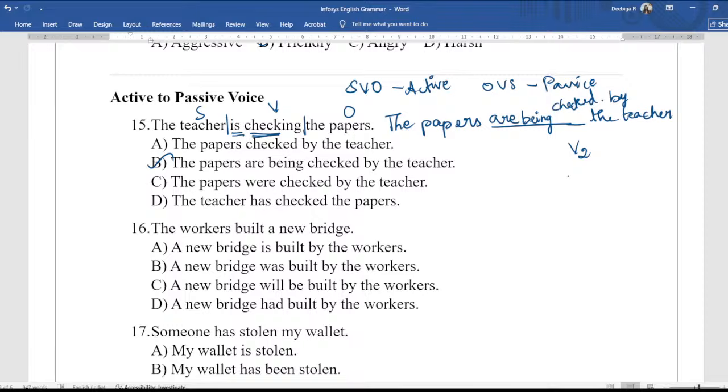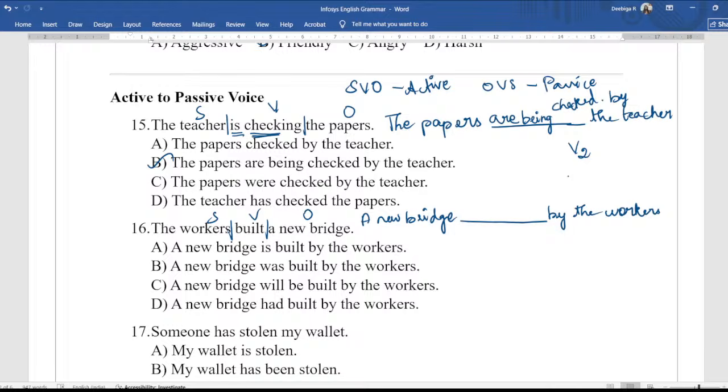And now let's take the next one. So this is the subject, this is the verb, and this is the object. Subject, a new bridge. And then the verb follows here, and then you add by, and then you add the subject, the workers. Okay, now you have the verb built.